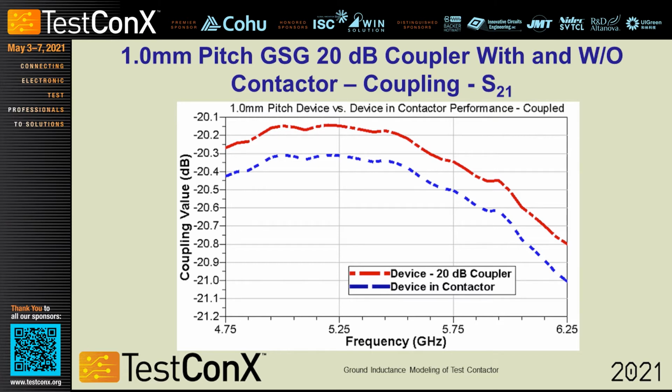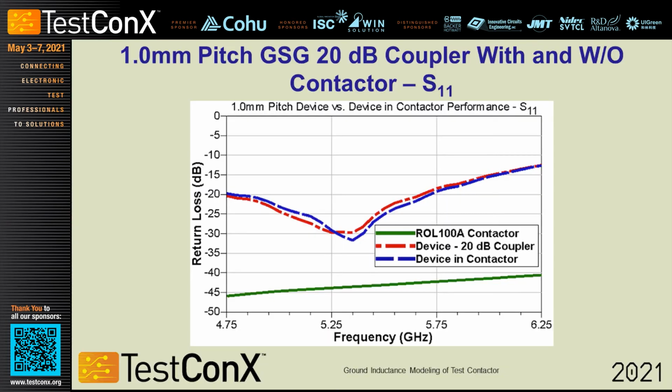But the nice thing about this is the roll contact is a solid contact. So you can see that the delta difference is very consistent over the bandwidth of the coupler. And because it's a solid contact, you're never going to have any variation. It's always going to be the same, whether you test the first chip or the 10,000th chip or the millionth chip.